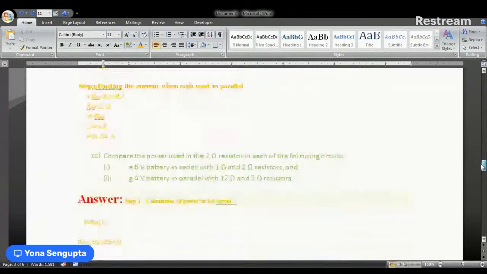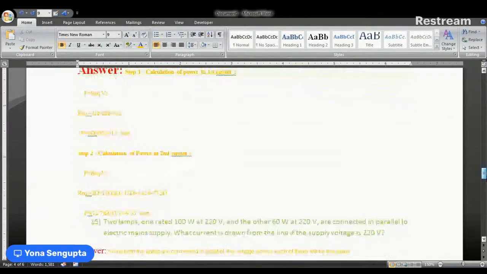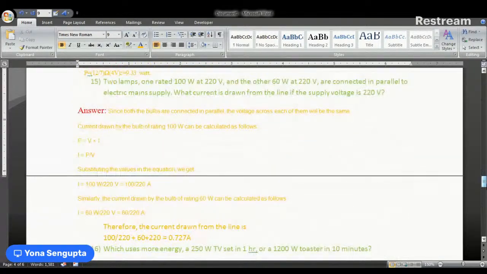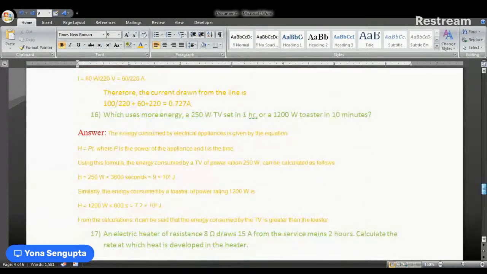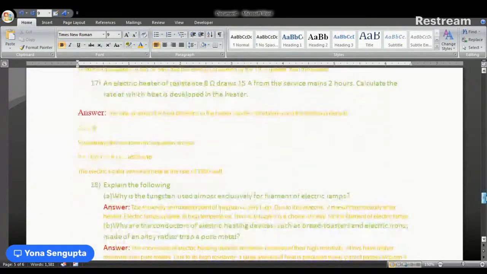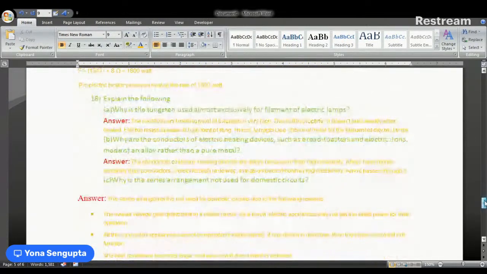Okay, next we have number 14. After number 14 we have number 15. These are all the answers. Then after that we have number 16, then number 17, and then at last number 18.